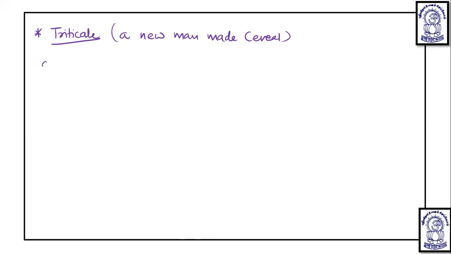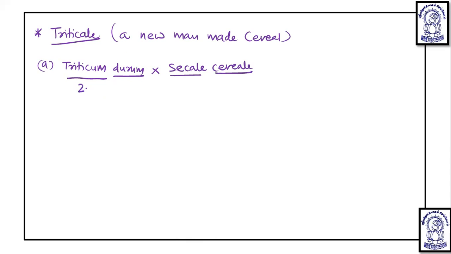So if we take a first example of the hexaploid triticale, then we take a species that is Triticum durum, and it is crossing with the Secale cereale. This has 2n equals 28. This has 2n equals 14.